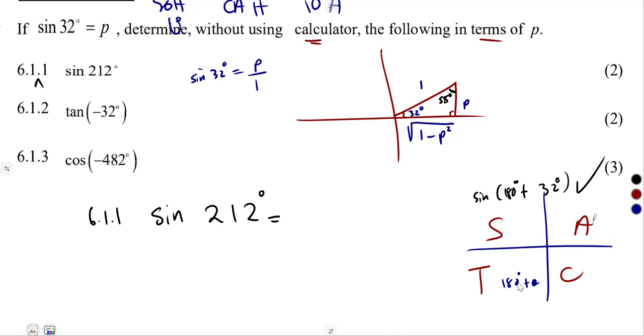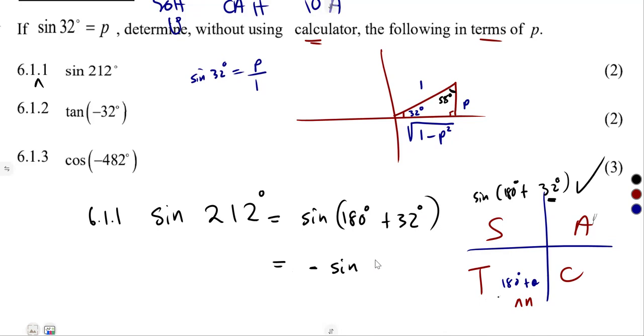So using the CAST concept, and this being written as the sine of 180 degrees plus theta, our theta being 32 degrees, it is going to give us a negative. Remember, this is the quadrant for tan. Sine there is negative.